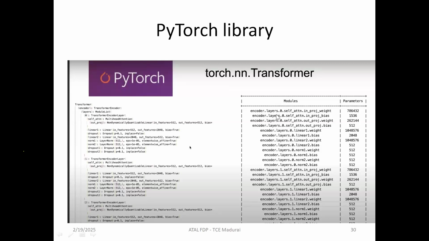I told you there are 6 identical encoder layers and 6 identical decoder layers. Each layer encompasses two things, multi-head attention as well as a feed-forward neural network. The total number of parameters is around 58 lakhs working behind this transformer model. You can see weight and bias for each and every encoder layer and decoder layer.